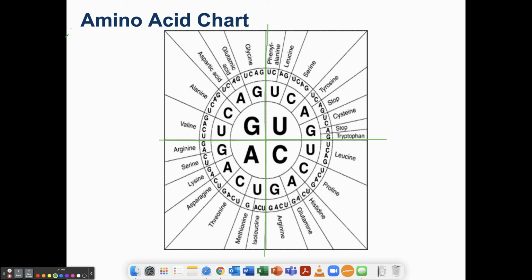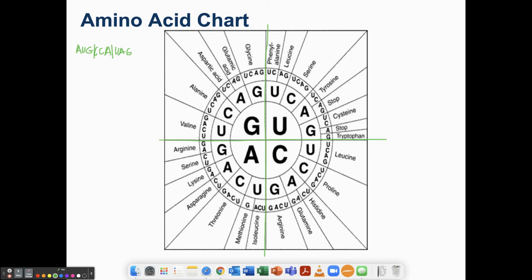All right, so let's say, for example, our RNA sequence is AUG CCA UAG. What we're going to do is break it up into every 3 letters. 3, 3, and 3.